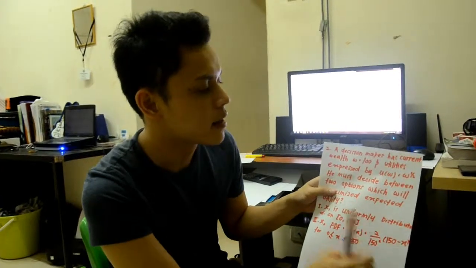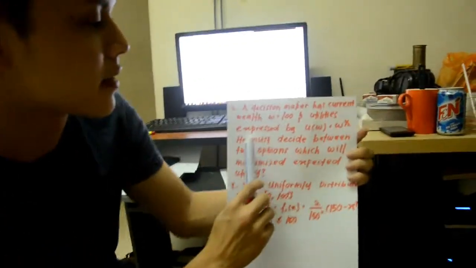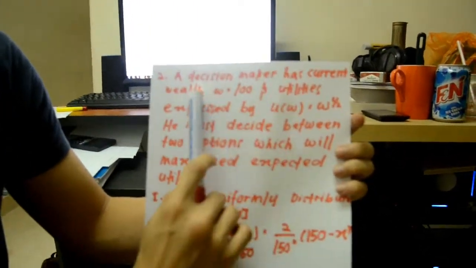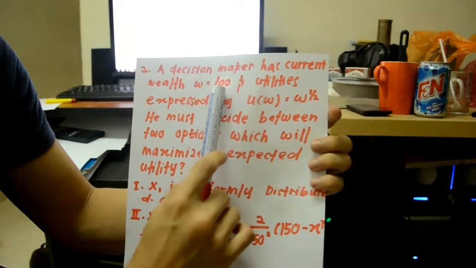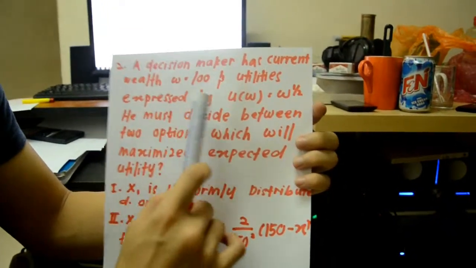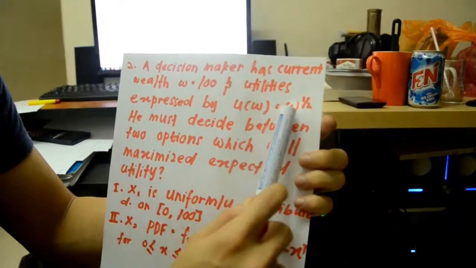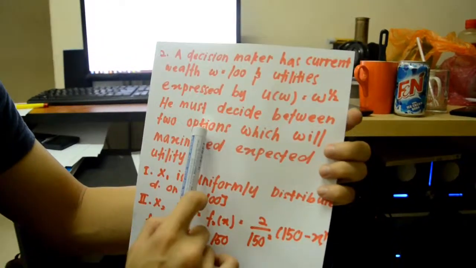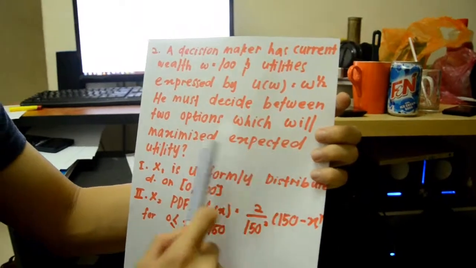The uniform distribution is also applicable in the subject of ASC456, which is risk modeling. And here is the example for the subject. A decision maker has current wealth W equals 100 and utility expressed by U(W) equals W to the power of 1/2. He must decide between two options which will maximize expected utility.